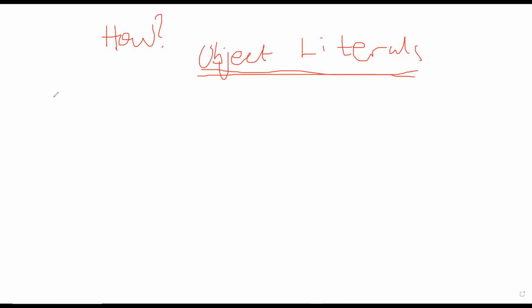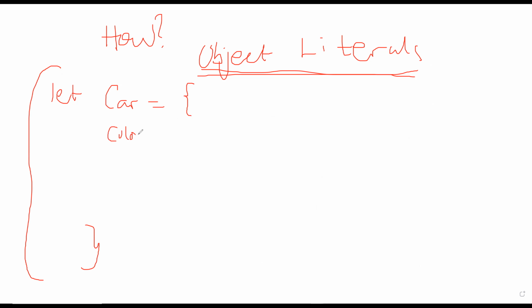Now, let's say I want to create a car object. I will declare let or var, whatever, or const car. I will assign a curly brace. This is an object just with these curly braces. So I can now say color, the property, blue, comma.